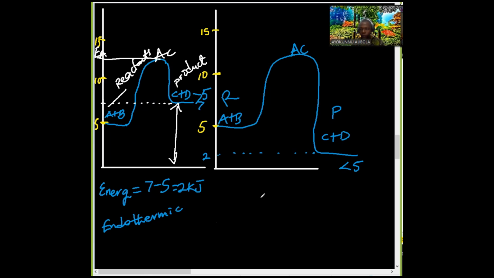But the other one that stops at maybe 2, so this is going to be 2 minus 5, and this will be negative 3 kilojoules. Okay? Yes, sir.